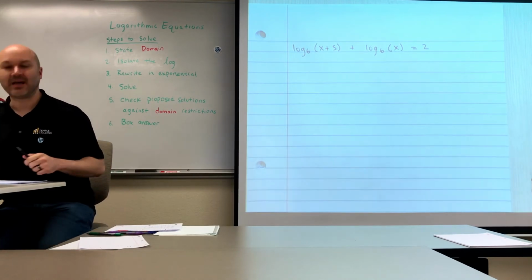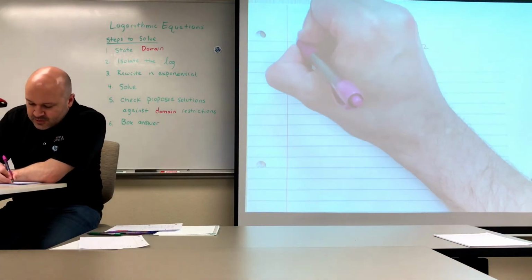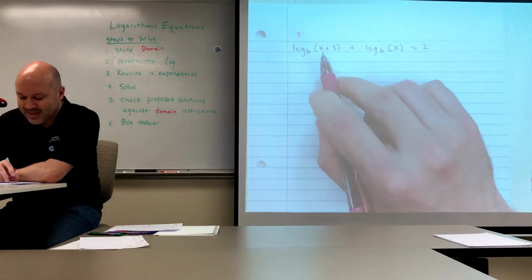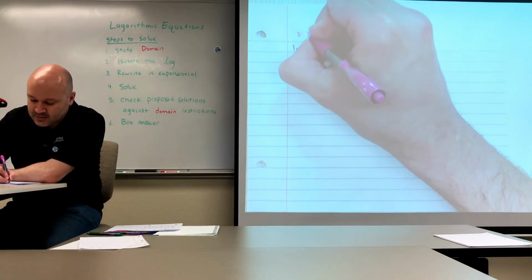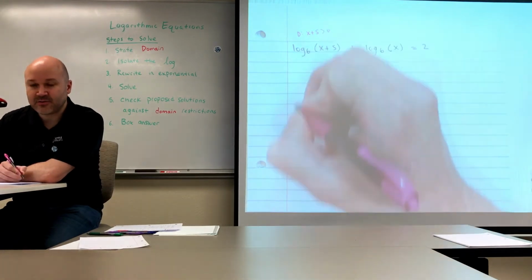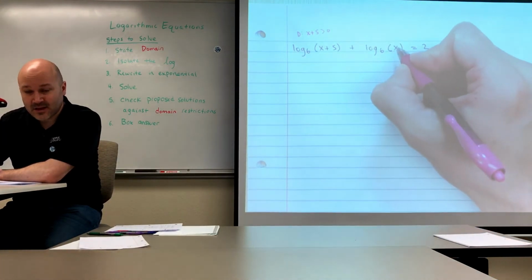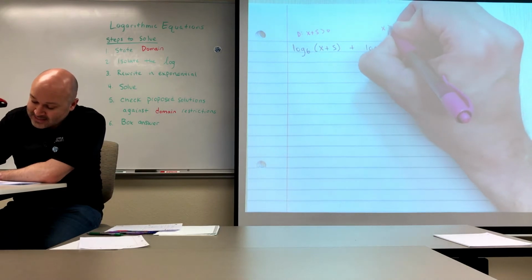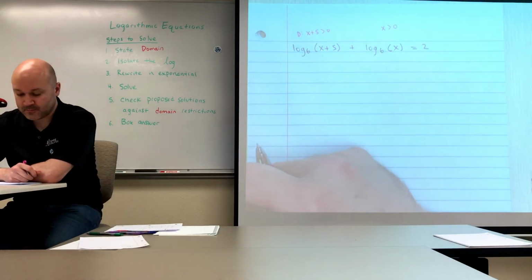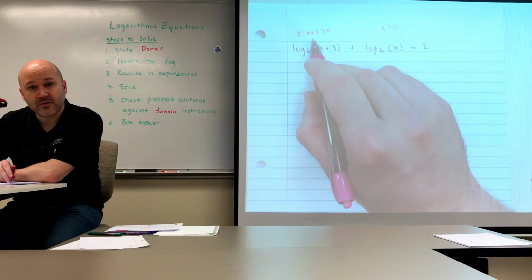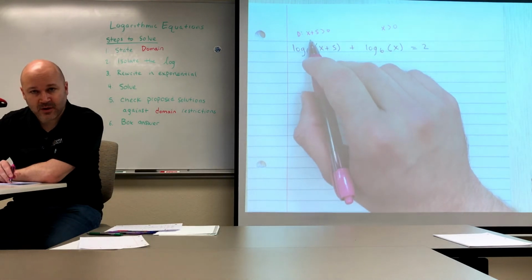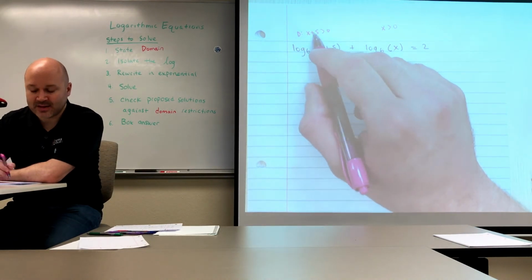The domain of this first one, x plus 5, that argument, has to be greater than 0. This logarithm has its own problem. x has to be greater than 0. I'll solve the first domain for x, so x has to be greater than negative 5.